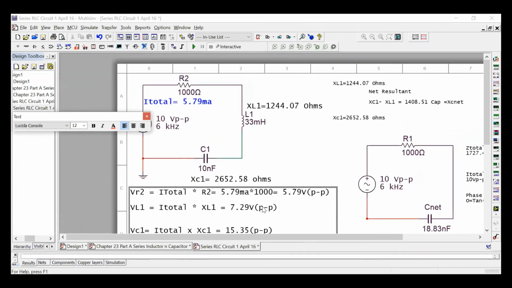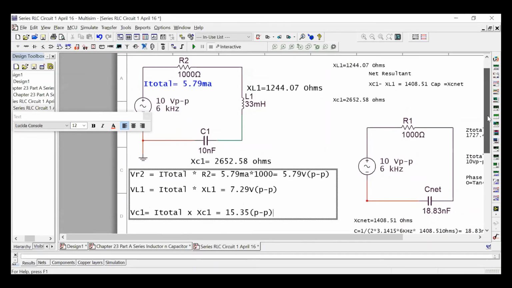I'm going to rerun that math one more time. 2652.58 times 5.79 e to the minus third. Why am I off?